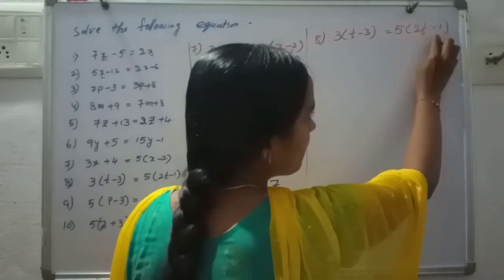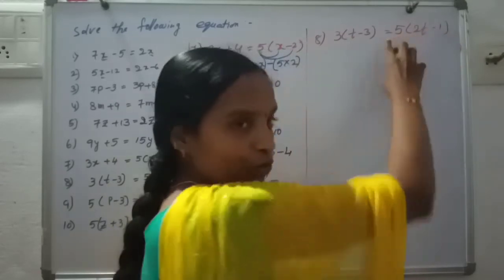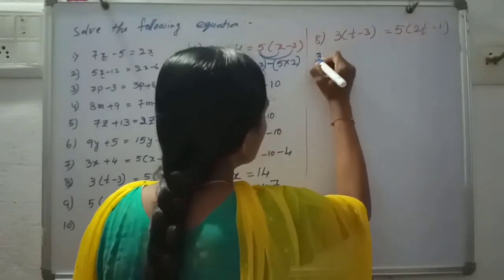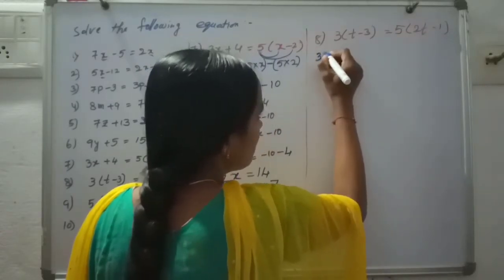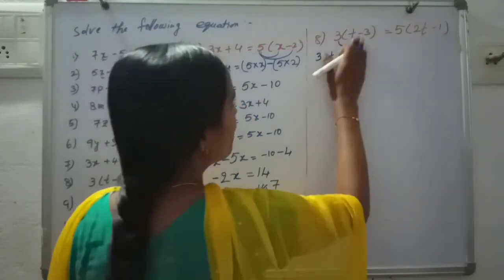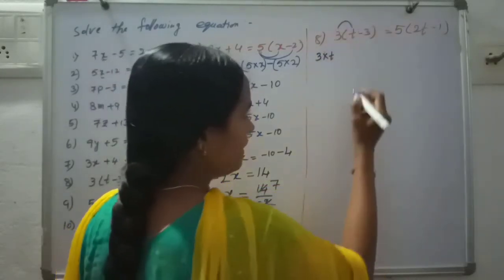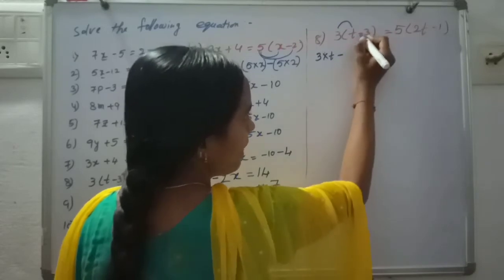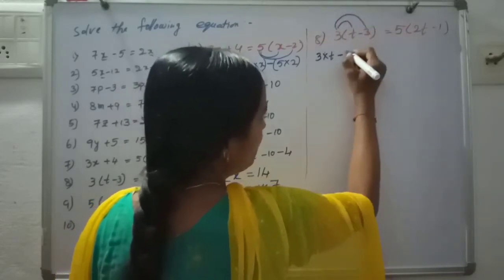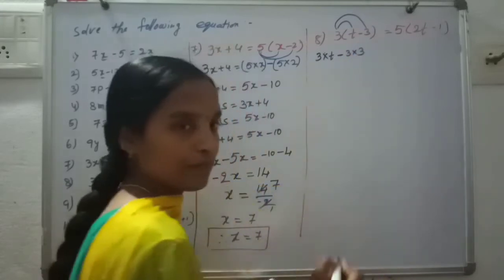Here 2t minus 1, then multiply with the 5. Now first step: 3 into t, 3 into t minus, after that 3 into 3.